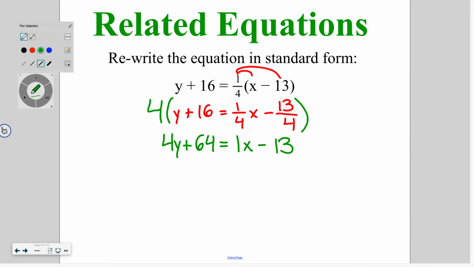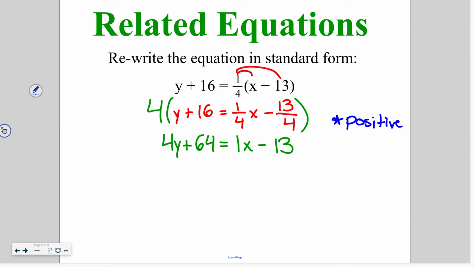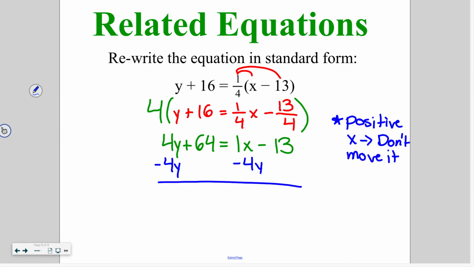Now I'm going to go ahead and continue to move into standard form. Again, we've got a positive x value, so don't move it. We want to get our y over by our x, so we're going to subtract 4y and subtract 4y, giving us 64 is equal to 1x minus 4y minus 13.